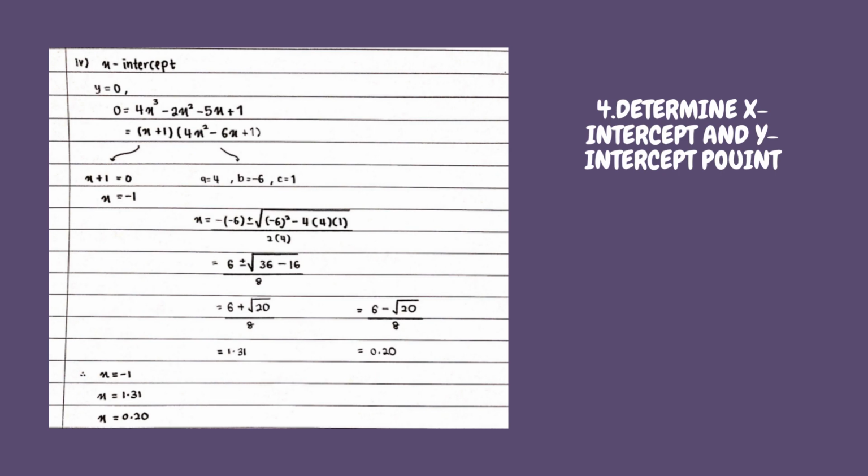For the minus, it is equals to 6 minus square root 20 over 8 equals to 0.2. The final answer for x-intercept is x equals to -1, x equals to 1.31, and x equals to 0.2.